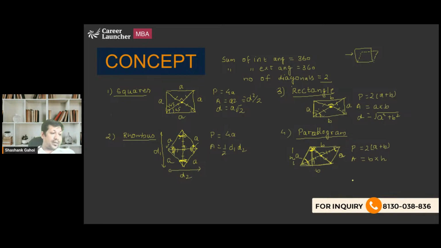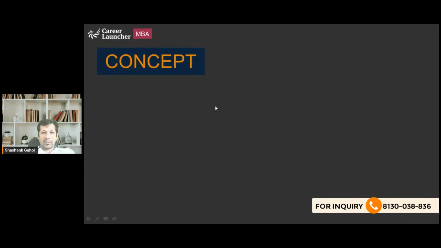The next and most important polygon we have, I think I missed out this, that is trapezium. Trapezium is very important. So what is a trapezium? A trapezium is a polygon that has one pair of sides parallel.